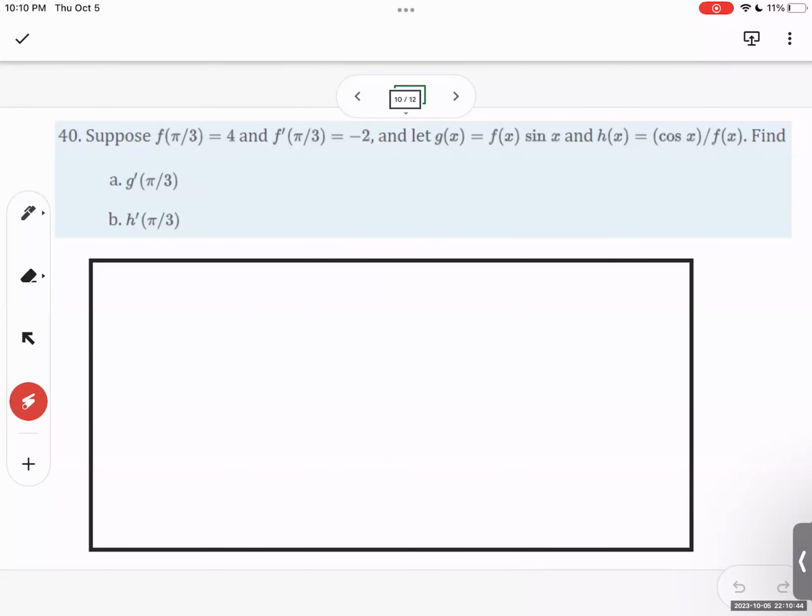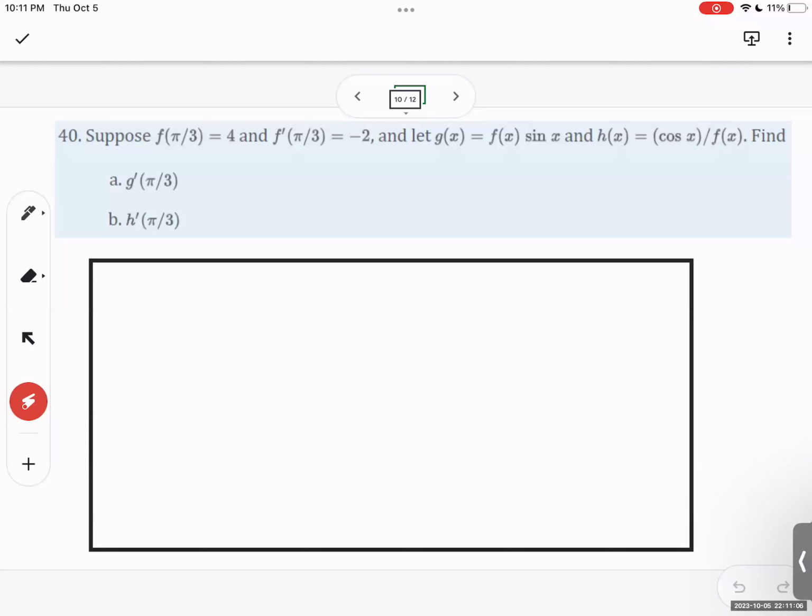So now we're going to solve a problem from the book. It says, suppose f of pi over 3 equals 4 and f prime of pi over 3 equals negative 2. So all I know about my function f is the value at pi over 3 and the slope at pi over 3.